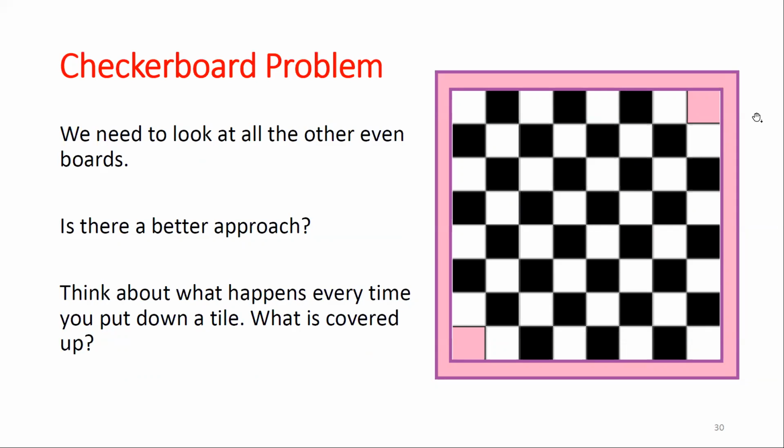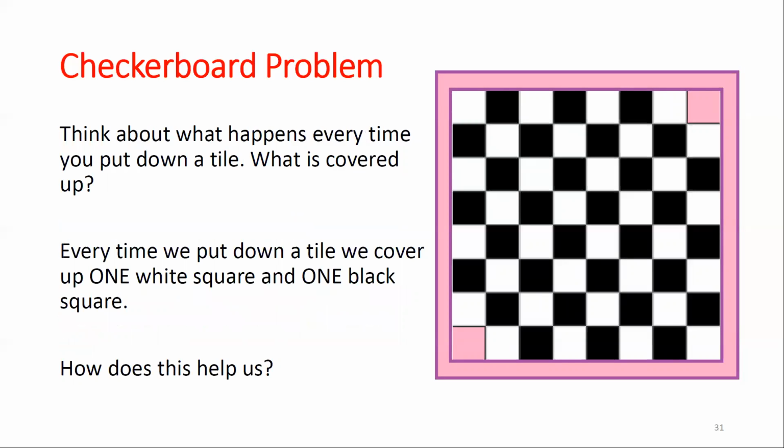Because the two corners that we covered up are both black. Right. So there are 64 tiles total, so there should be 32 white, 32 black. Because two of the blacks are covered up, there are only 30 blacks and 32 whites.